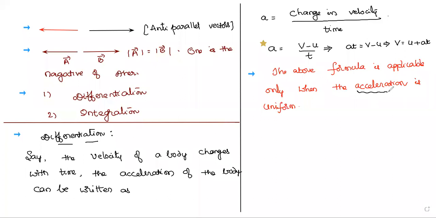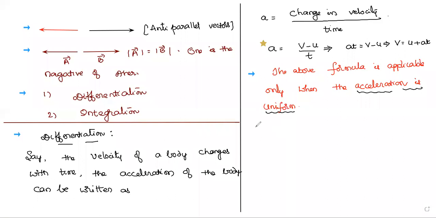The acceleration is uniform. Yes, okay, that's fine. So when the acceleration is uniform, yes, yes. When a body is moving with uniform acceleration, then only the above formula is used. Means A is equal to V minus U by T is applicable. Okay.